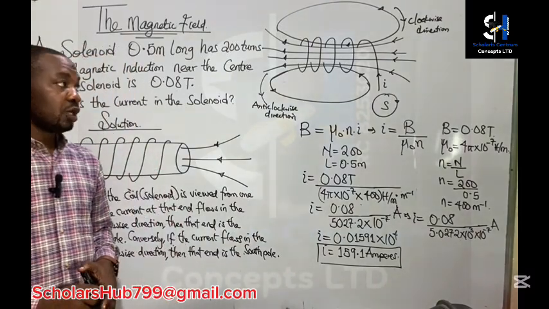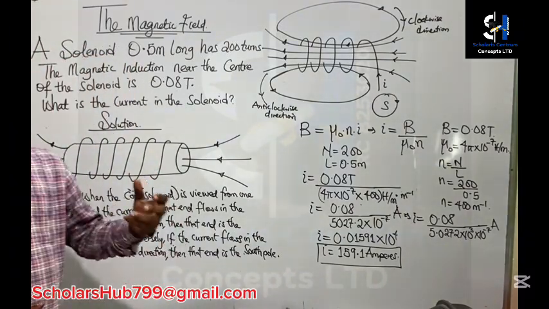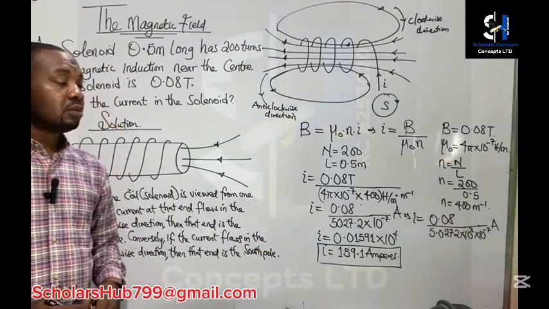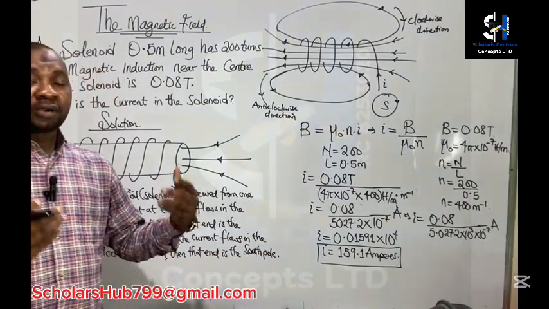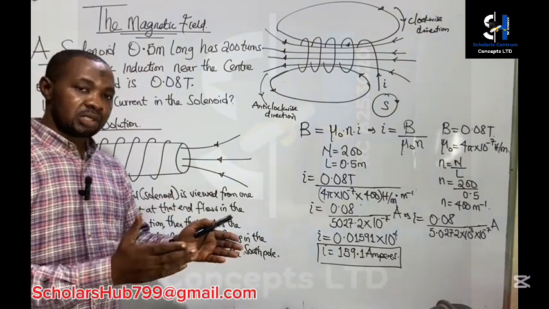That is the current in the solenoid. Remember, a solenoid is a cylindrical coil of wire which acts as a magnet when current is passed through it.